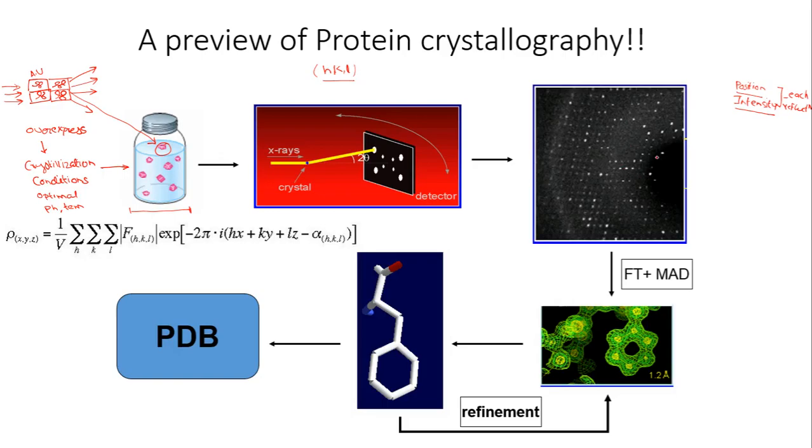Now, using this data, you need to solve the structure of your protein molecule. When the biophysicist has the list of positions and intensities of each reflection obtained from the X-ray crystallography experiment, he feeds those values of position and intensity to a mathematical expression called the Fourier transform.